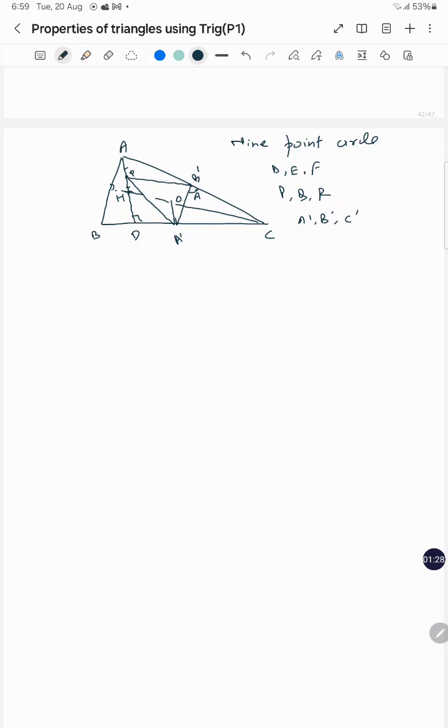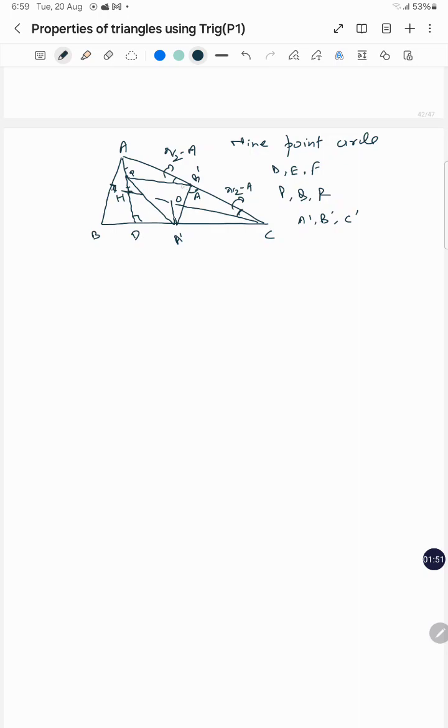So angle AB prime P is equal to angle ACH, and ACH, this is 90 degrees, so this is pi by 2 minus A, and this was A, so this is also pi by 2 minus A.